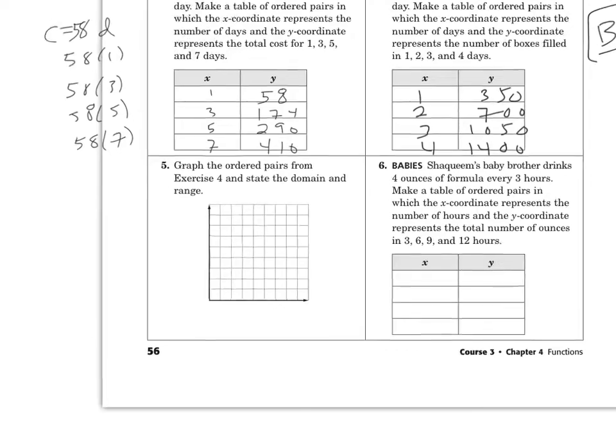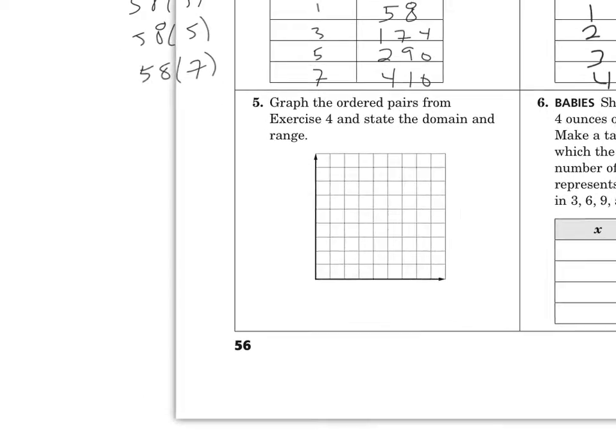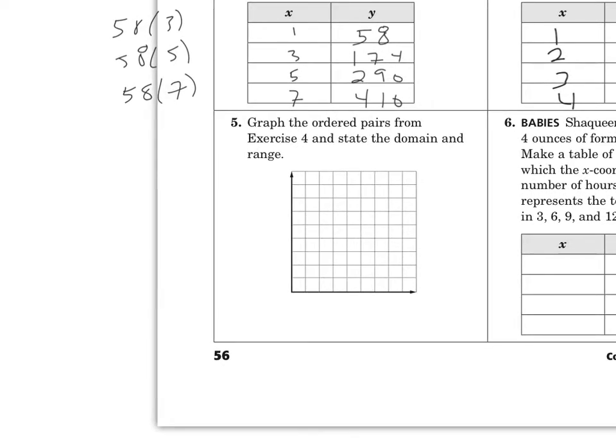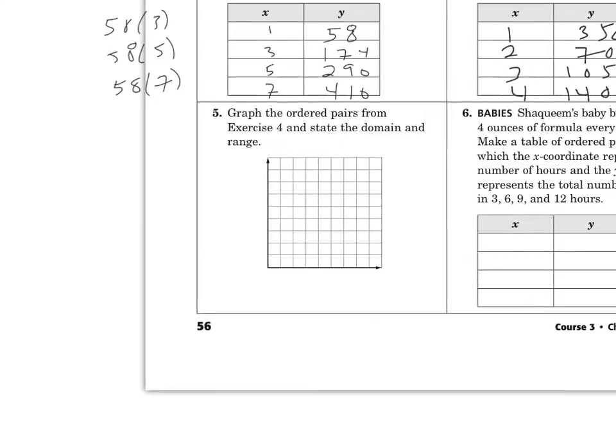Okay, number 5. It says graph the ordered pairs from exercise 4. Of course, we thought we were done, but no, they want us to keep working on it.